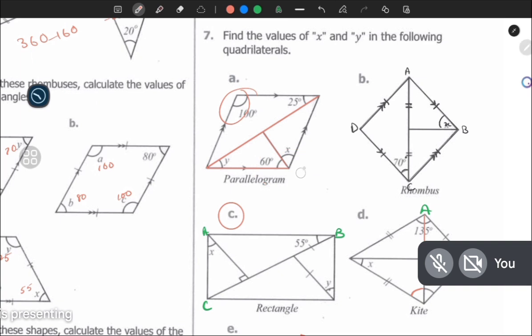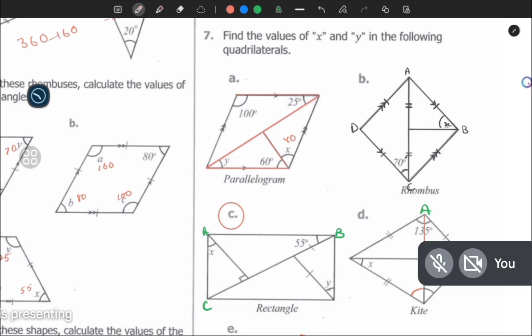Yep. So can you give me the value for x? 40. Right. So 40. Now we've got two parallel lines running from here to here. Can you see a letter forming there? Oh, a Z. Yep.